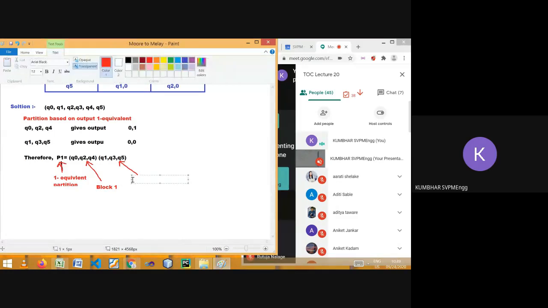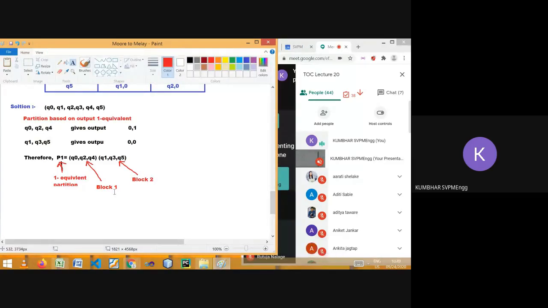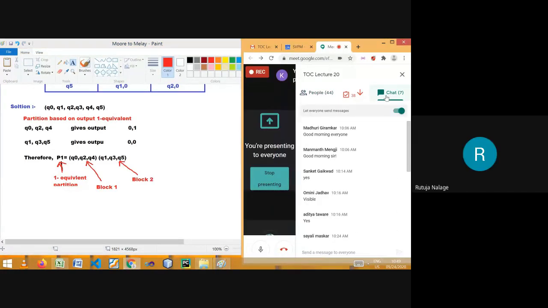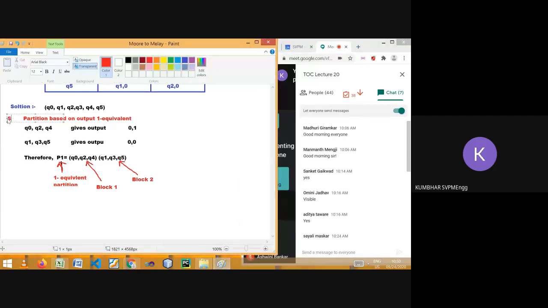Let's say this is block 1 and this is block 2. I hope there is no confusion till now. How many elements in block 1? 3 elements. Yes. So now let me go for the next. Let's say for understanding, this is step 1 in minimization where we find the one equivalent partition. Now let's go further.